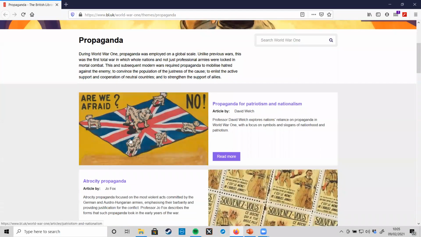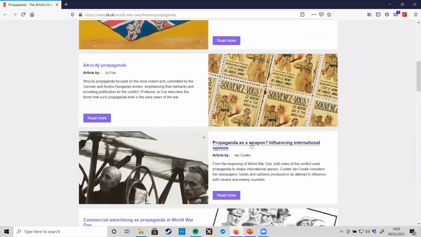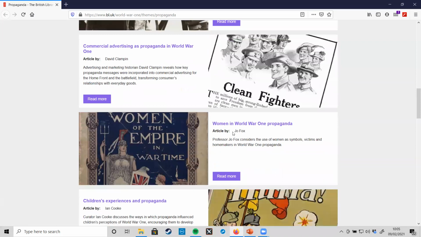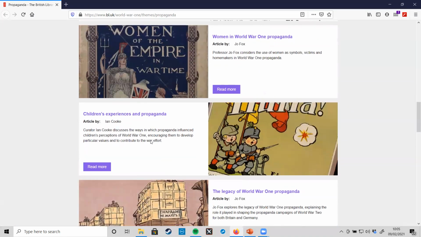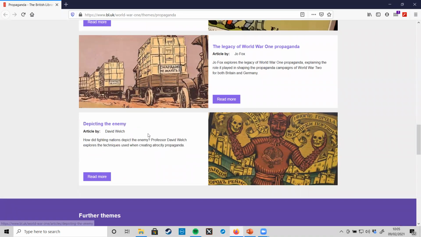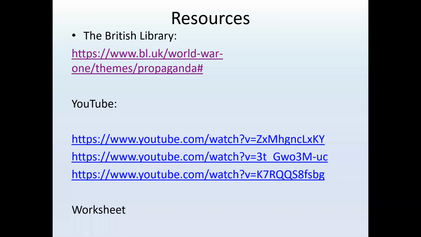There are lots and lots of lovely images about propaganda for patriotism, nationalism, atrocity propaganda, using it as a weapon, influencing opinions, commercial advertising, women in war, children, experiences propaganda, the legacy, and depicting the enemy. So use the British Library to help you. There are lots and lots of images on that.